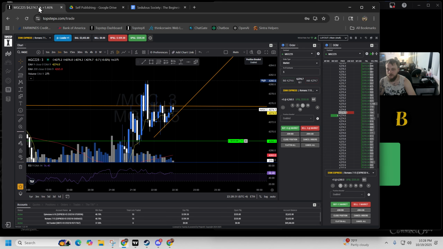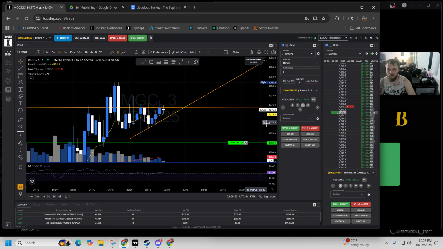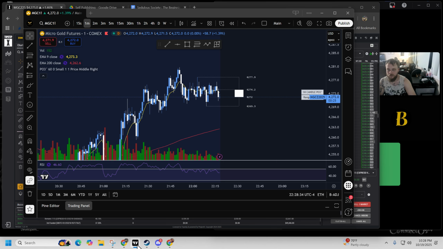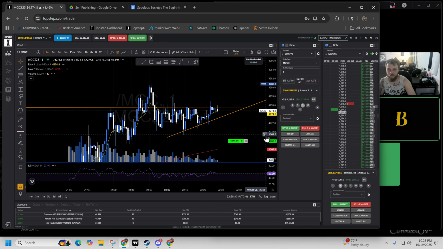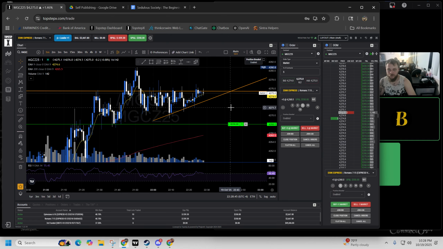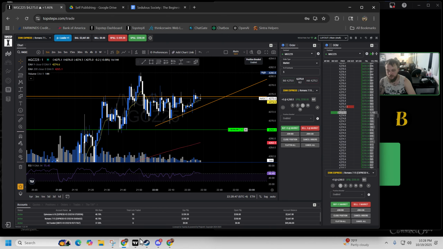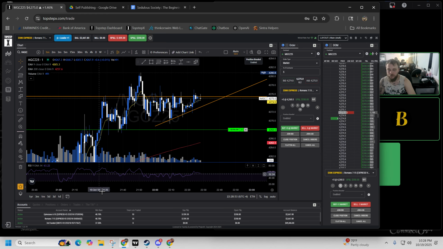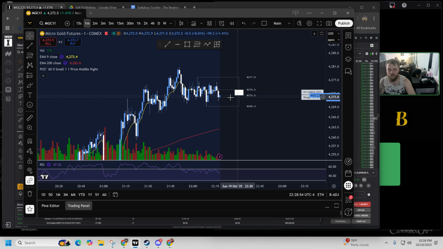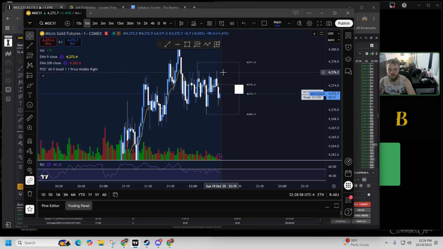Oh, that's odd. Even on the 1 minute, it doesn't look like that. MGC, it doesn't look like that. There's a lot of resistance in ETC right now. But that doesn't look like that. I'm not tripping, right? Those are 2 candles.